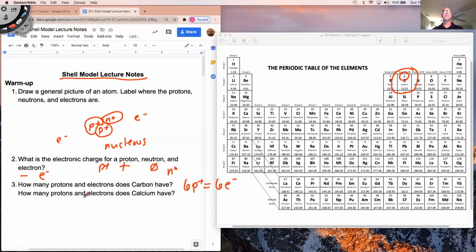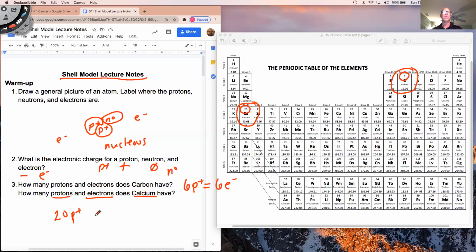Let's take a look at calcium. How many protons and how many electrons does calcium have? Well, this is calcium right here. And let's take a look. Calcium has an atomic number of 20. So there must be 20 protons. It's a neutral atom.